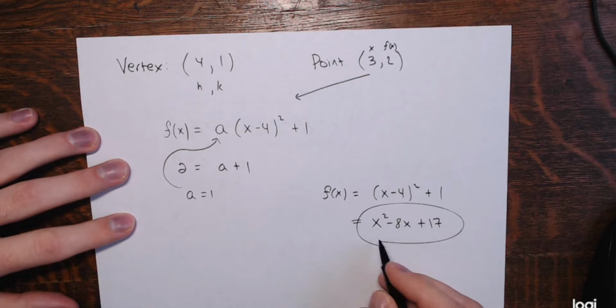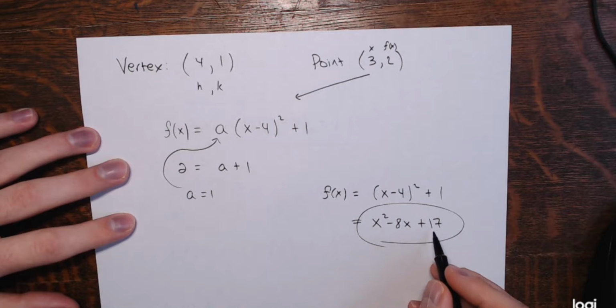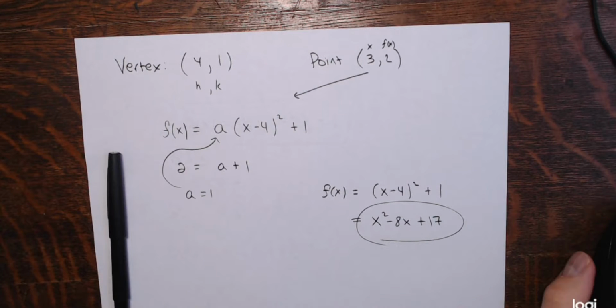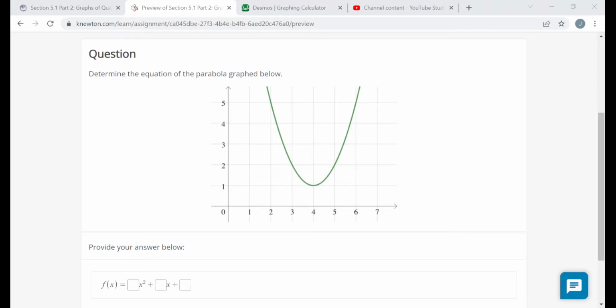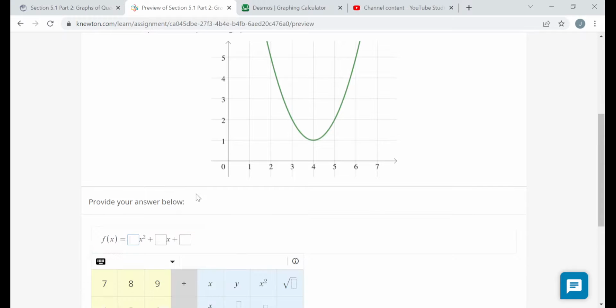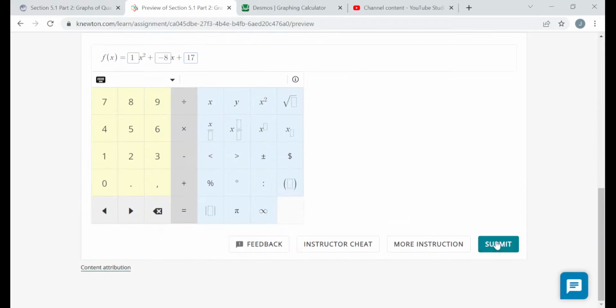So 1x squared minus 8x plus 17, those are the coefficients I'm filling in. The coefficient of x is negative 8, the constant term is positive 17, and that should be good.